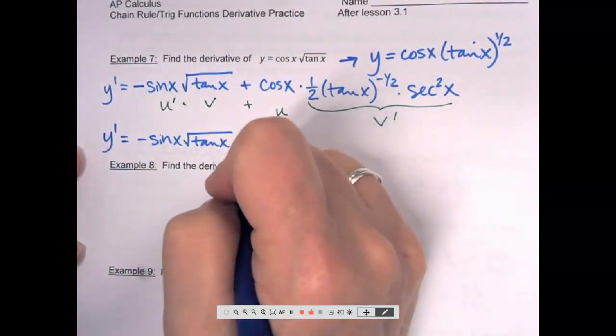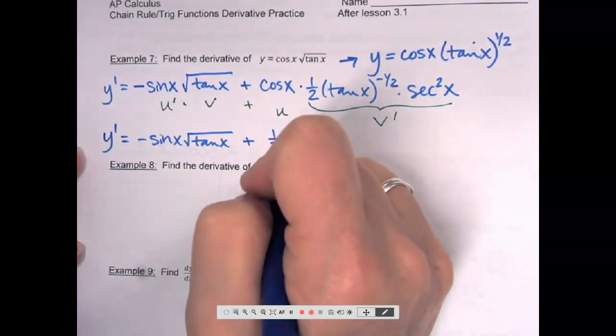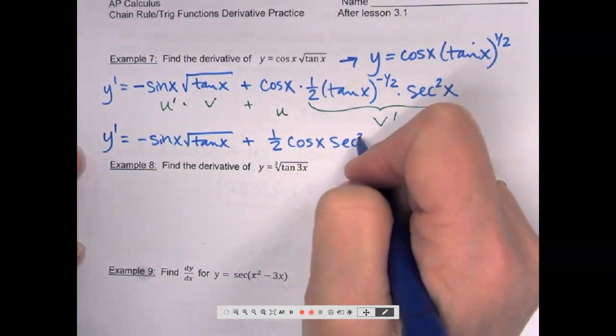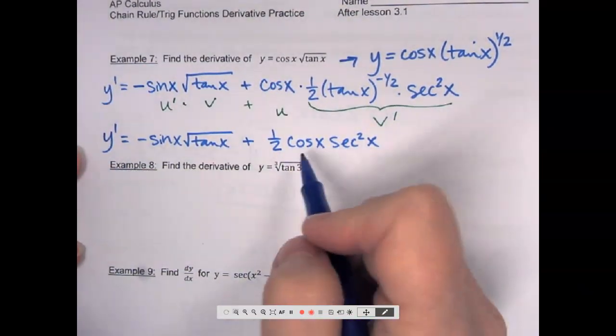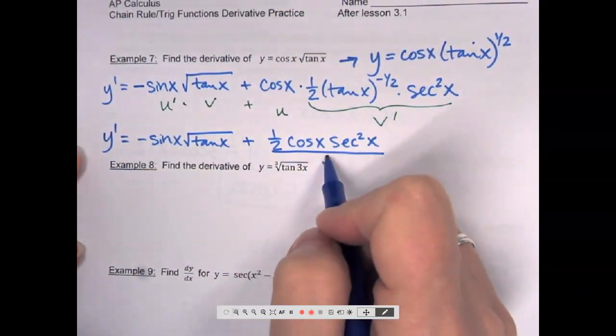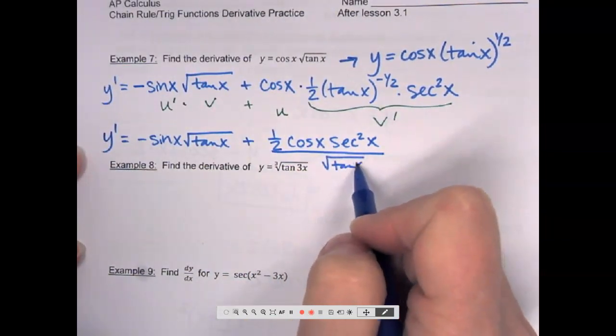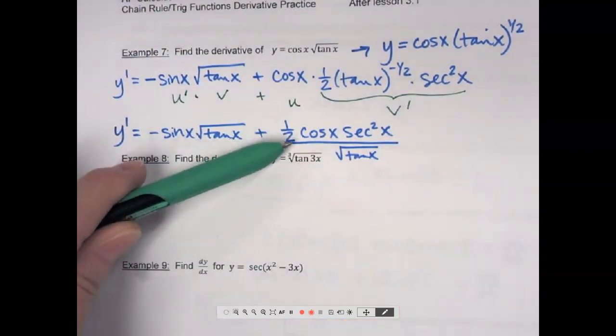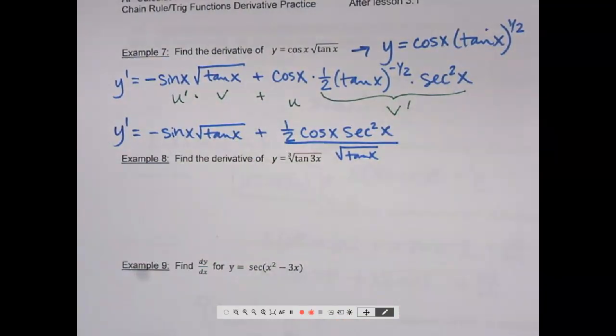And if we're going to rewrite it, I'm going to go ahead and bring that 1/2 cosine secant squared out front over square root tangent x. And what about that 1/2 in the numerator?